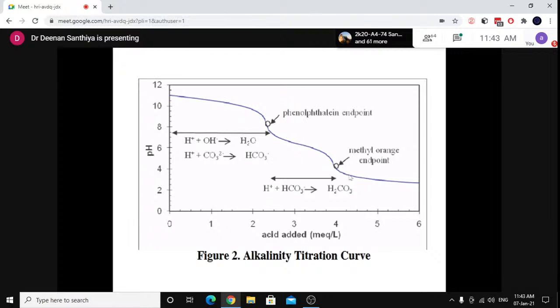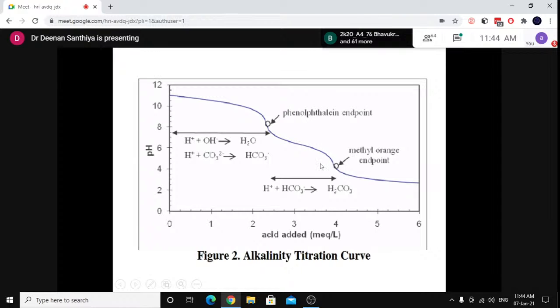When you titrate alkaline water against hydrochloric acid, you use phenolphthalein first. The phenolphthalein will give you the end point of NaOH as well as the first half of the H2CO3. The second half is neutralized here, for which the indicator is methyl orange.